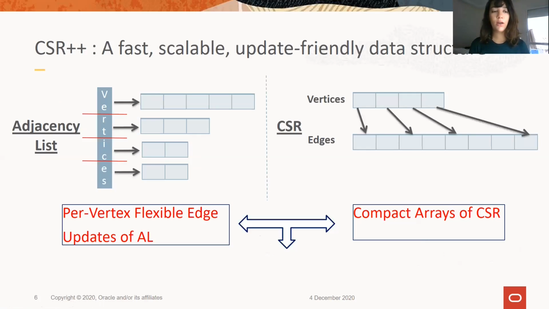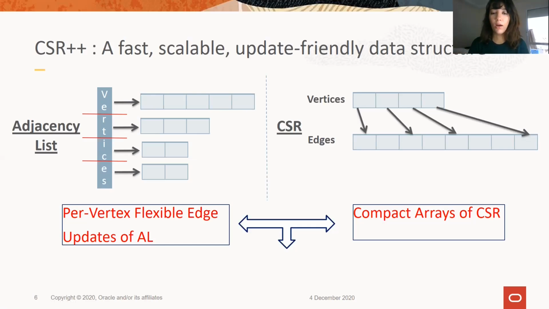Since we talked about graph data structures, we gave two main examples: the adjacency list and CSR. The adjacency list allows for per-vertex flexible edge updates, meaning that if we want to insert an edge, for example, we only have to access the edge array and perform updates on it. Whereas in CSR, we have to copy the edge array, because the edges are stored in a compact, continuous manner.